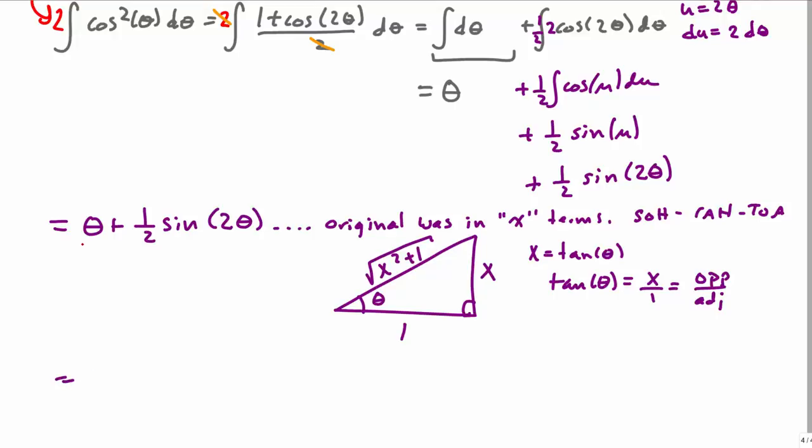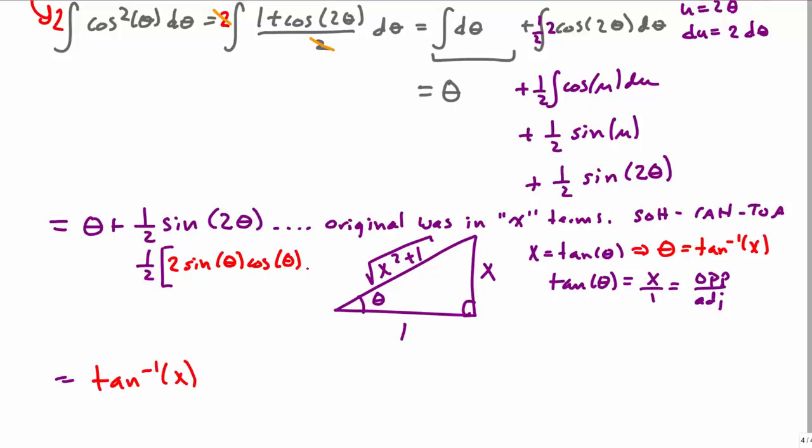So what's theta? Well, I can find theta pretty easily from right here. Theta would be the inverse tangent of x. So that could start here, the inverse tangent of x. And then for my next one, this half, this is a problem. I don't know what 2 theta is. I only know what theta is. So I'm going to have to apply a double angle identity here. The sine of 2 theta, a common one that we've used before, is 2 sine theta cosine theta. Now everything is in terms of theta, so this will be easier for me to work with.